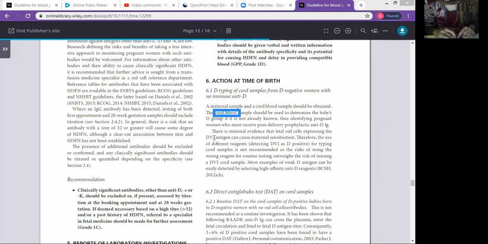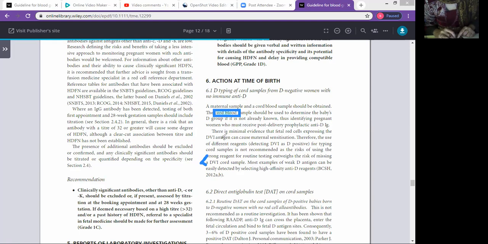If the fetus shows D negative, we do not need to test for the DVI antigen, since what they have suggested here is that the risk of using the wrong reagent for routine testing outweighs the risk of missing a DVI cord sample.